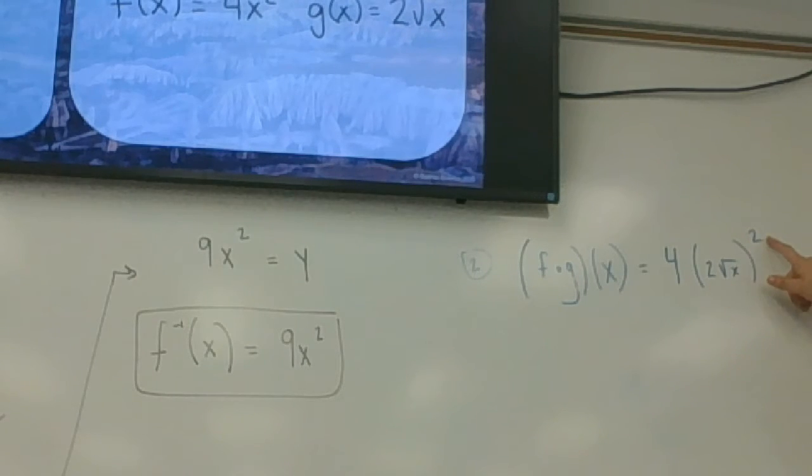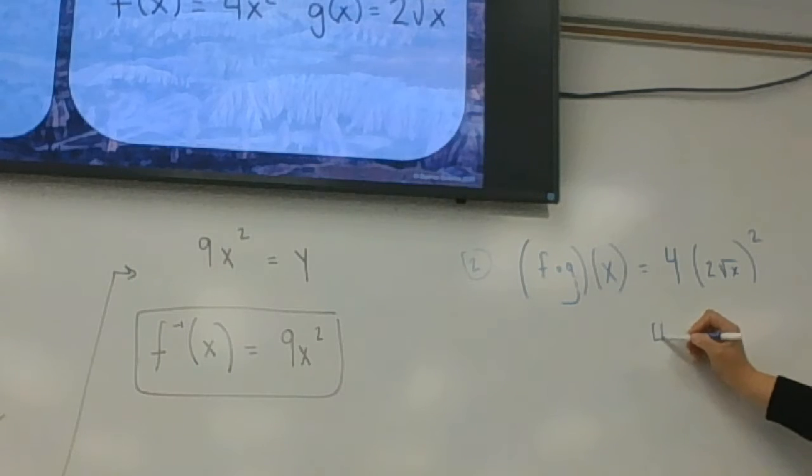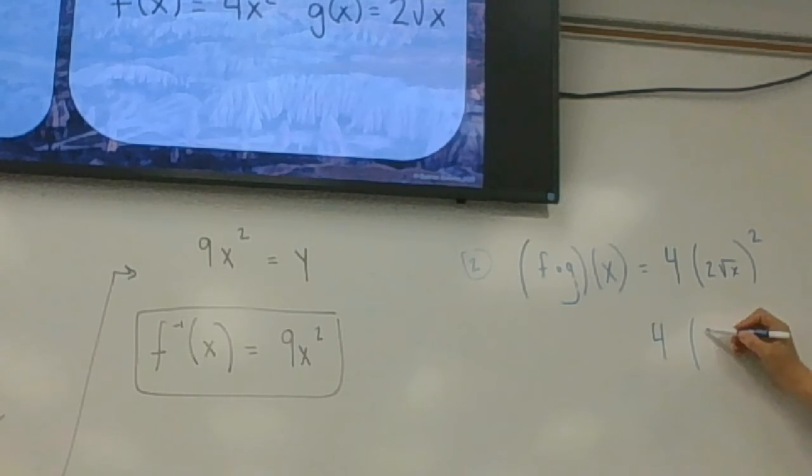I'm going to do 2 squared and the square root of x squared. The 4 is still outside. 2 squared is 4. The square root of x squared is x. This is probably a little uncomfortable. That's not something you're super familiar with. The square root of x squared is x.